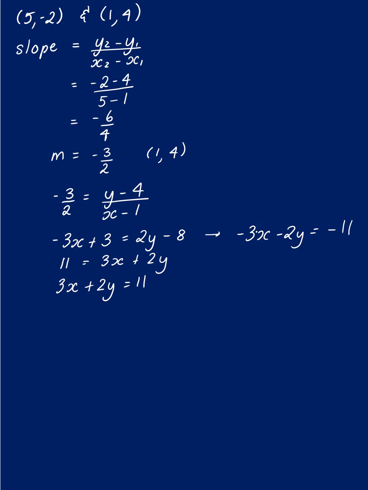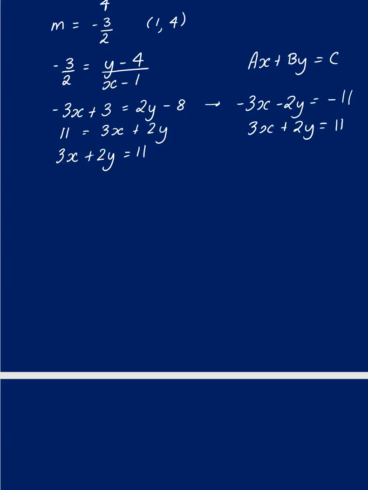Remember when we talked about it being in the form ax plus by equals c, we like the a and the b and c to be whole numbers, but it's also nice if your a value here is positive. So that's why if we times everything through by minus 1, we get the same answer that we had before. So it doesn't really matter how you go about that. It's just, again, nice manners, maths manners, to have that there.